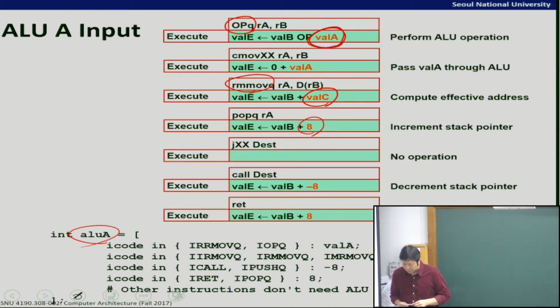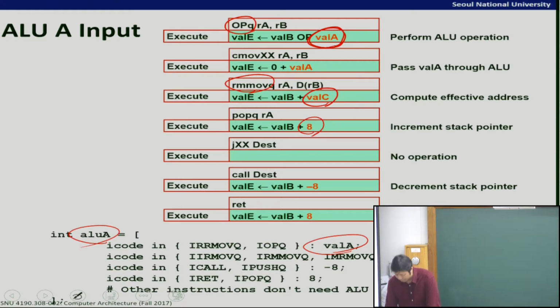If the instruction is either register move or OPQ, then we simply forward the value A to the input of the ALU. If the instruction is either IR move, RM move, or MR move, we need to compute the address to access.